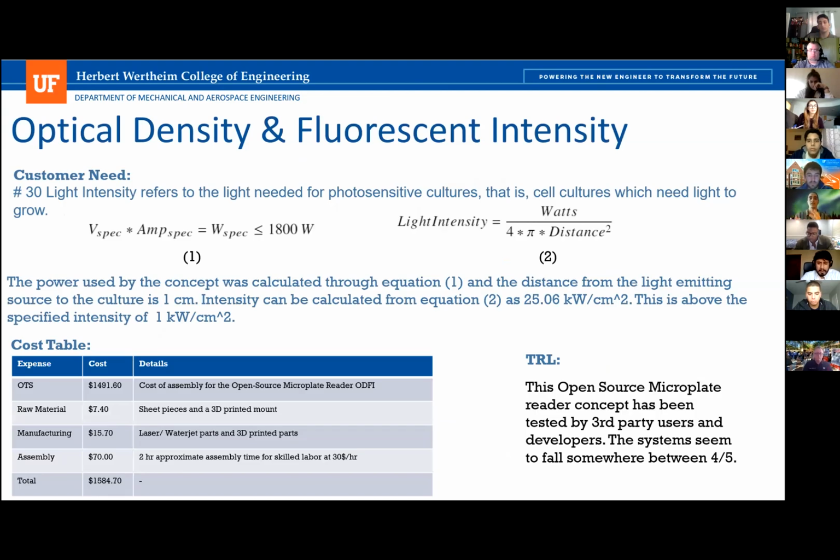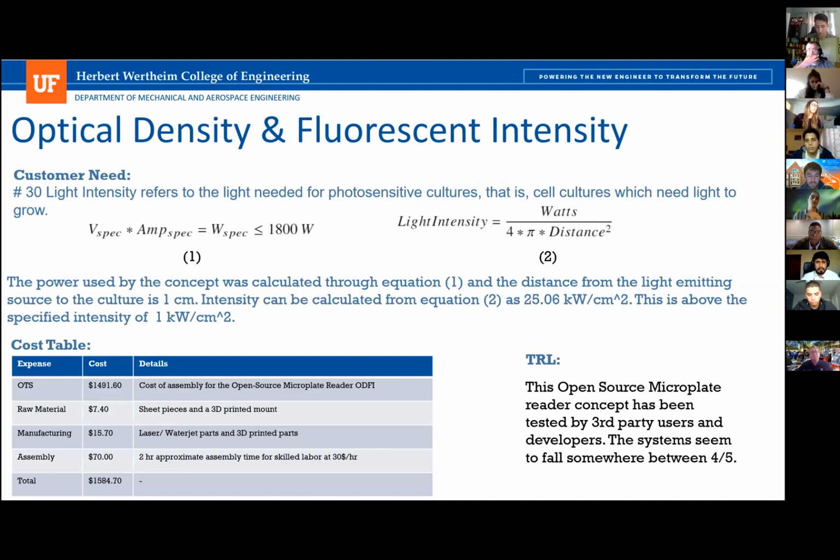And here's a calculation for customer need number 30, where we need to meet a certain intensity level. Through the excitation frequency, we're able to determine that we have a 25.06 kilowatt per centimeter squared intensity, which is well above the specified intensity of 1 kilowatt per centimeter squared.